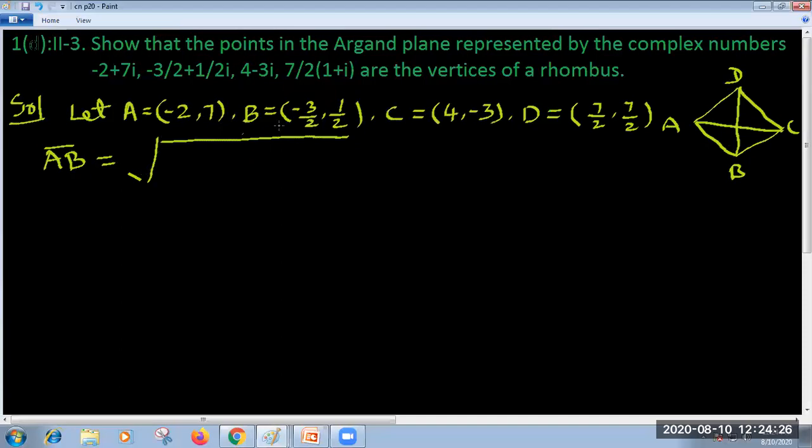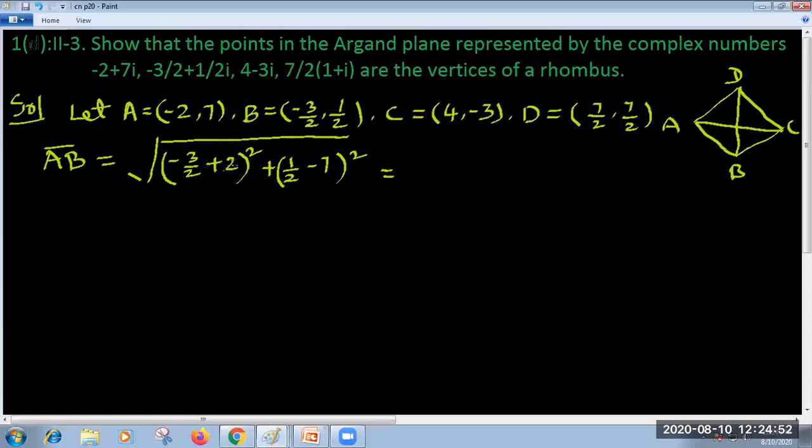That is (-3/2 plus 2) whole square plus (1/2 minus 7), that is y2 minus y1, whole square.